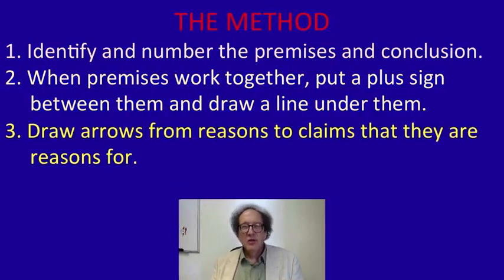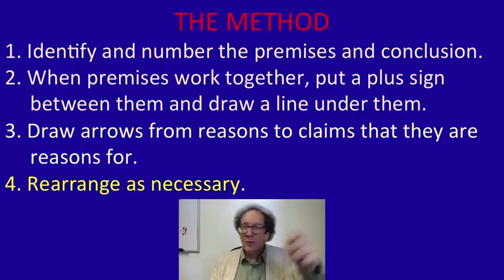Then, you draw an arrow from the claims that are reasons to the claims that they are reasons for. And then you move them around on the diagram so that they'll form a line when it's a linear structure and branches when it's a branching structure. It'll be easy to rearrange them so as to show how all of the different premises and conclusions work together in a single argumentative structure.